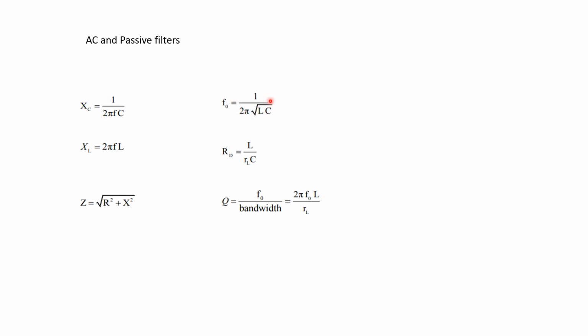From that, we can work out something called a dynamic resistance, which is like the equivalent resistance of the LC network. And then obviously you can work out the quality of it. Q factor is unitless. Usually about 100 is a good Q factor.